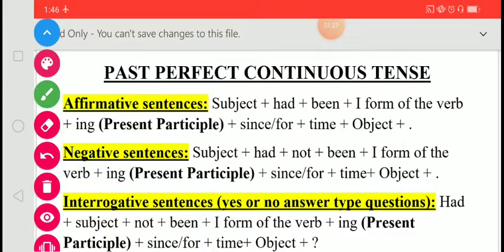Okay students, so this is the only difference between present perfect continuous tense and past perfect continuous tense. In present perfect continuous tense, we use the helping verb has, have, while in past perfect continuous tense we use the helping verb had with all the subjects.